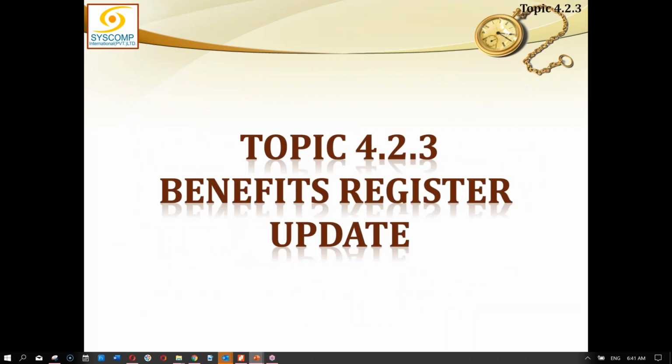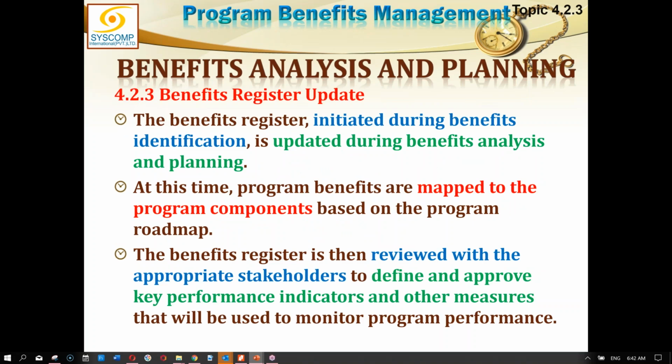Ultimately, we have to update the benefit register. After having done all this analysis, naturally, we have learned a lot about each benefit. The initial benefit identification may not have that much detail, which I can now have. You see, in benefit analysis and planning, I have gone into detailed planning of the benefits, measurements, KPIs, ownerships, roles and responsibilities.